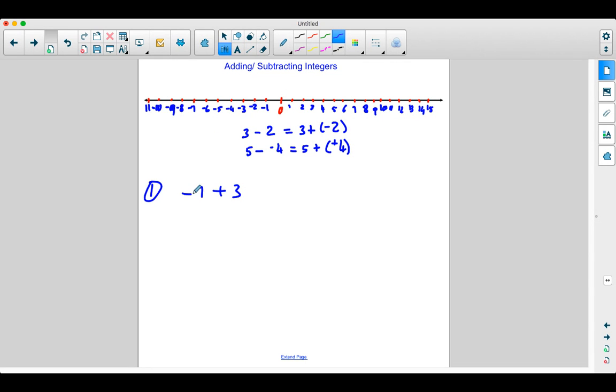So, negative 1 is right here. So I'm starting at negative 1, and I'm going 3 in the positive direction. So I'm going to go 1, 2, and 3. So I'll find myself at positive 2.